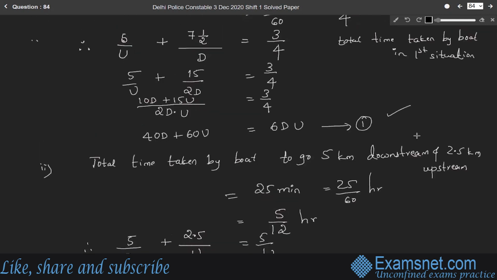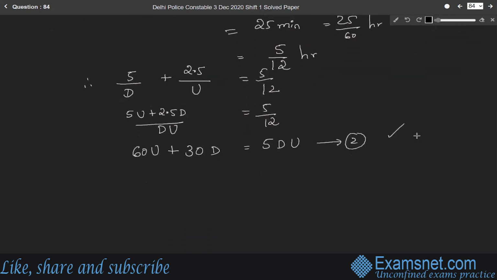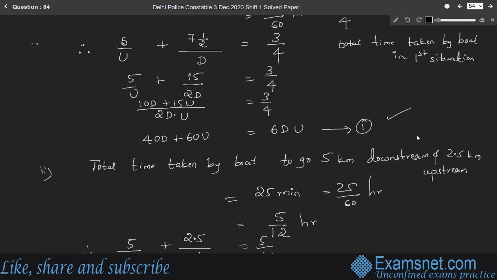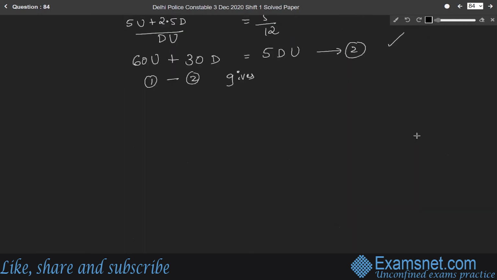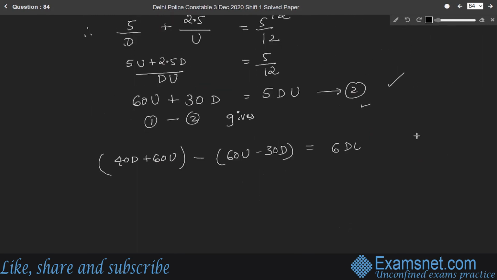So equation 1 is this, equation 2 is this one. So 1 minus 2 gives: the LHS part is 40d plus 60u minus the second part, 60u plus 30d, is equal to the RHS part, 6du minus 5du.